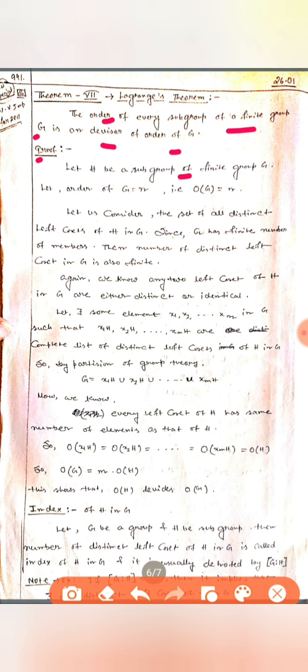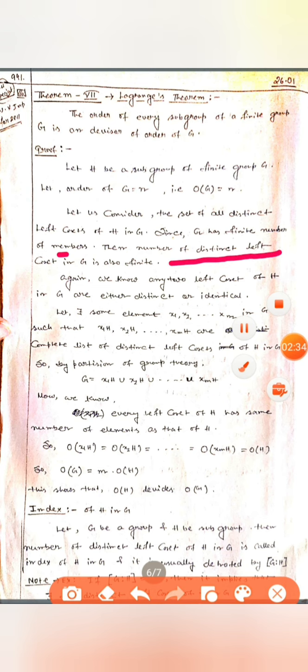Let H be a subgroup of a finite group G and the order of G is n, that is, O(G) equals n. Let us consider the set of all distinct left cosets of H in G. Since G is a finite group, it has a finite number of elements, so the number of distinct left cosets in G is also finite.